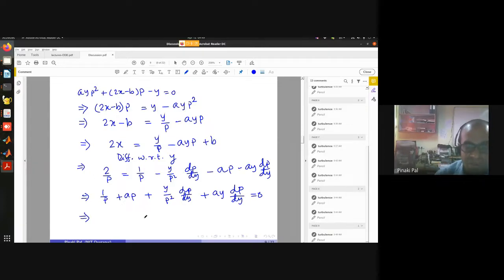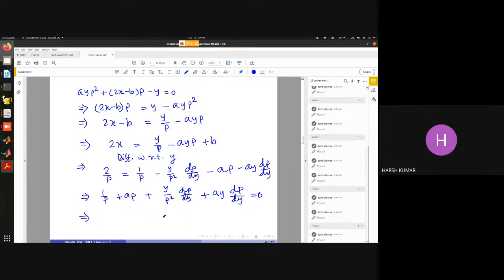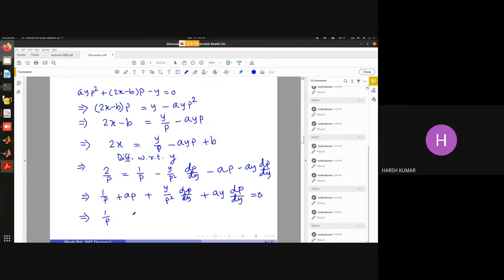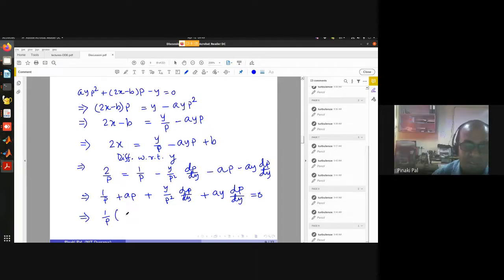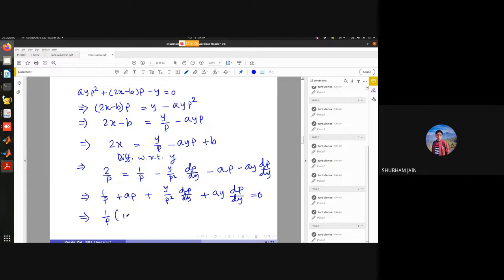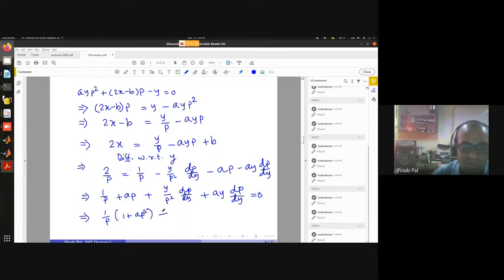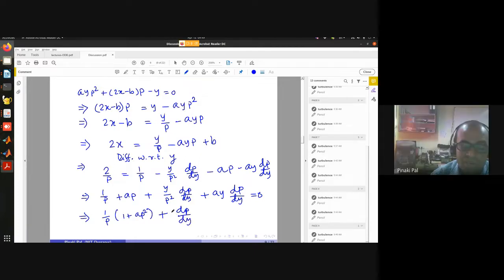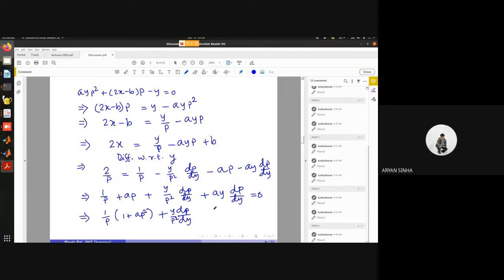So what can we do? Take 1 by p common from the first and third term, then we get 1 plus a p square, and then 1 by p square from the other terms, and y dp/dy.